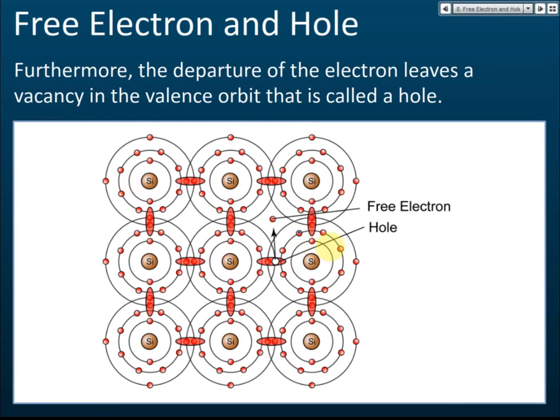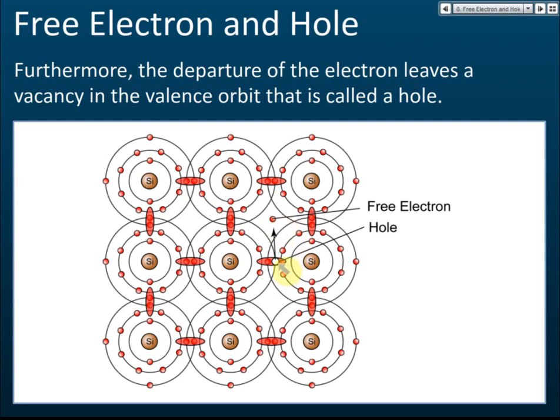Maybe this here is the electron, and it can go into this place. This vacancy is called a hole. So when an electron jumps out, it becomes a free electron, and it will leave a hole here.